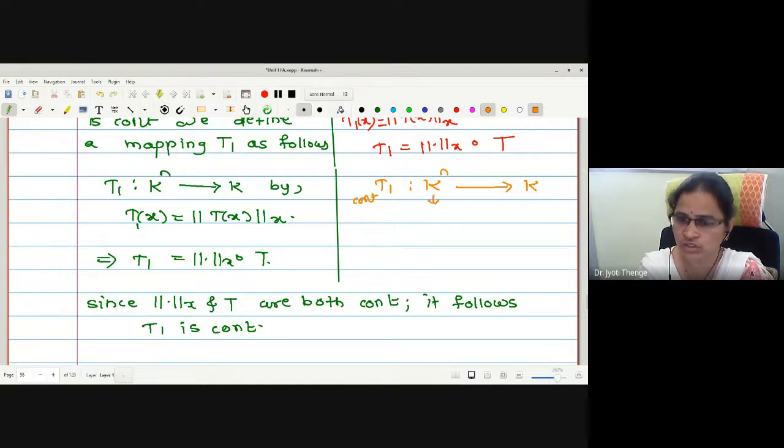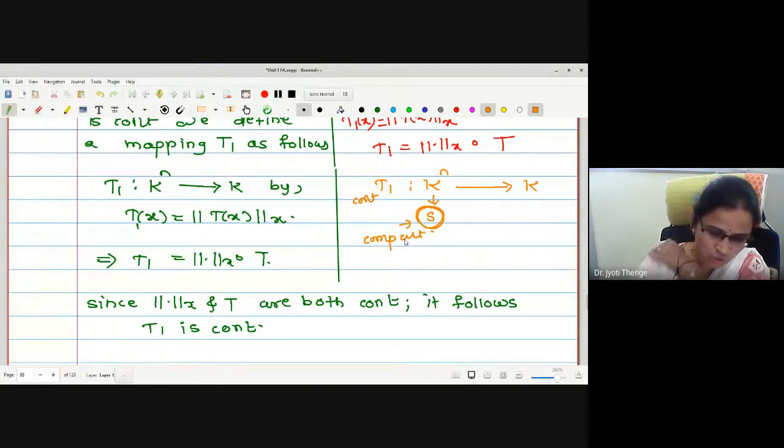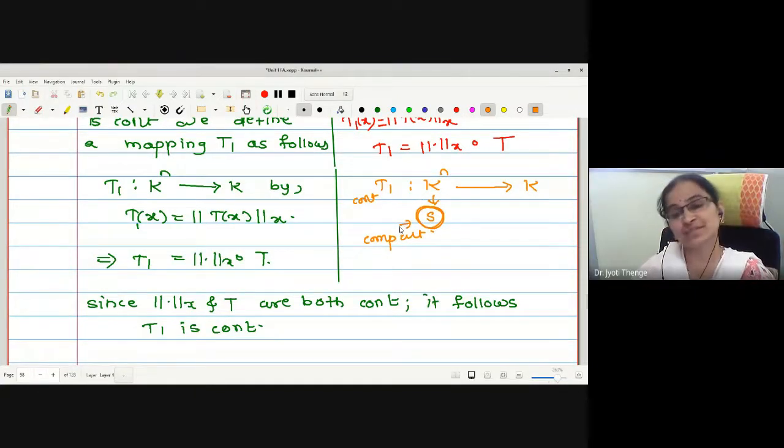I am going to consider one closed unit sphere, which is compact. By which theorem is it compact? By the Borel-Lebesgue theorem: closed and bounded is compact.